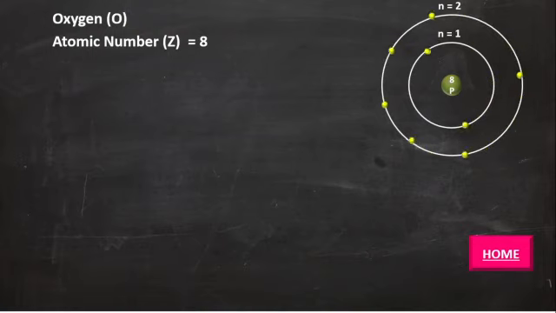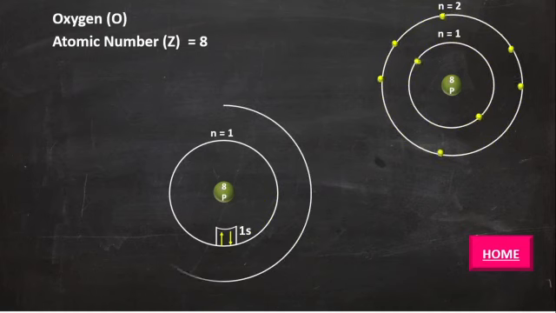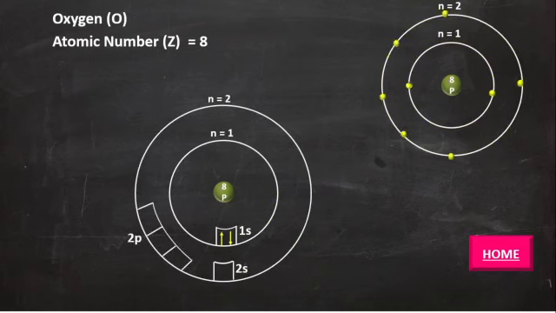Okay, let us fill these electrons in the various orbitals. 8 protons. This is the first orbit. 1s orbital is there here. First electron, second electron. Okay, let us draw the second orbit. n equal to 2, 2s and 2p orbitals are there, and third electron is here.